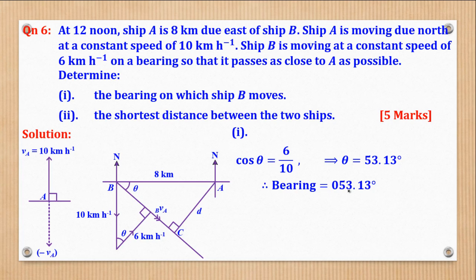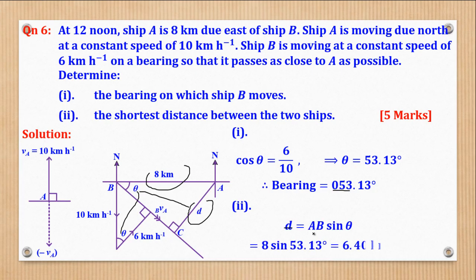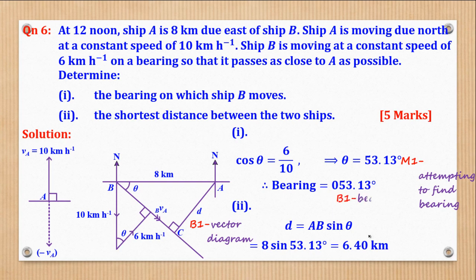So bearing is written with 3 digits before the decimal. Then for the shortest distance, they want this value of d. I've already got the value of theta, and I know this hypotenuse. So what would this opposite be? It means I'll use sine. So d is equal to AB sine theta, substitute and get the shortest distance. And that's what they wanted.